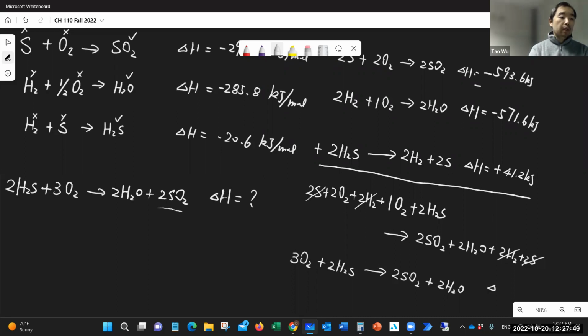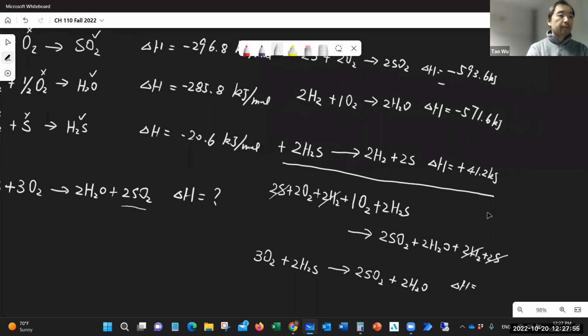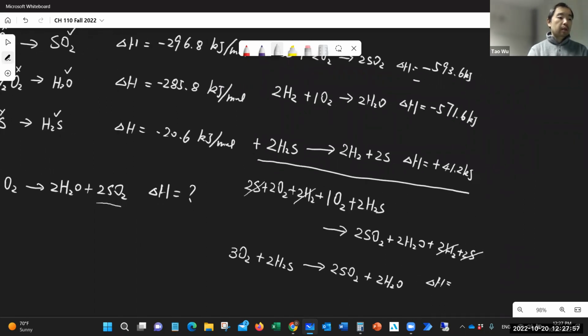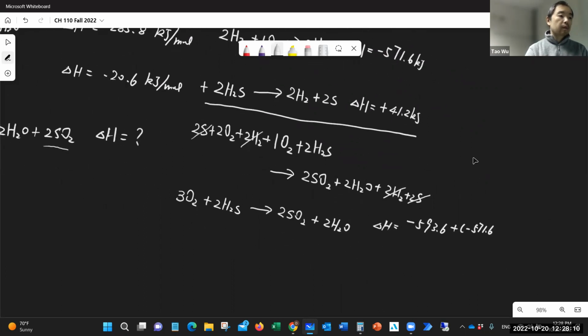So the enthalpy of this equation, again, is just the sum of those 3 equations. Then you will see that it's going to be negative 593.6 plus negative 571.6 and plus 41.2.